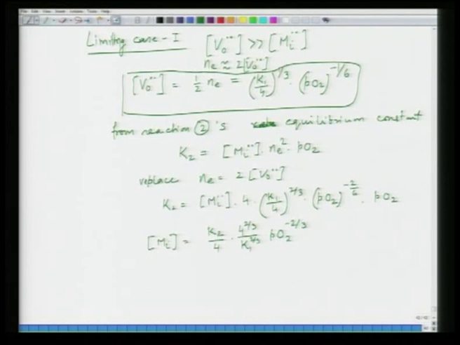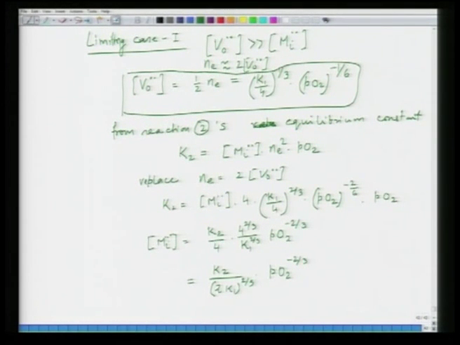So, I have just taken everything on the other side and written the expression for Mi, which will reduce to K2 divided by 2 K1 to the power 2 by 3. Okay. So, this is basically 4 to the power 1 by 3. So, 4 to the power 1 minus 4 to the power 2 by 3 will be 4 to the power 2 by 2 will be equal to 2 to the power 2 by 3. So, K2 into K1.